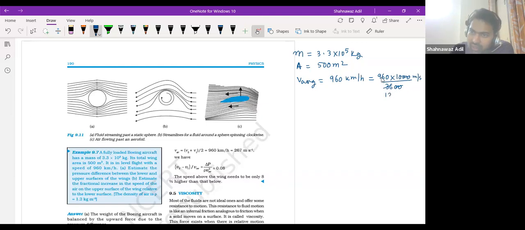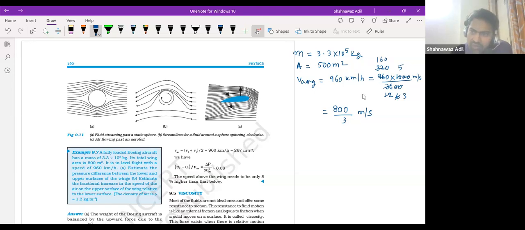It comes out to about 267 meter per second. Right. So this is the average velocity.